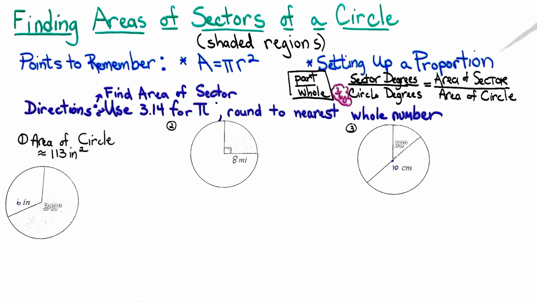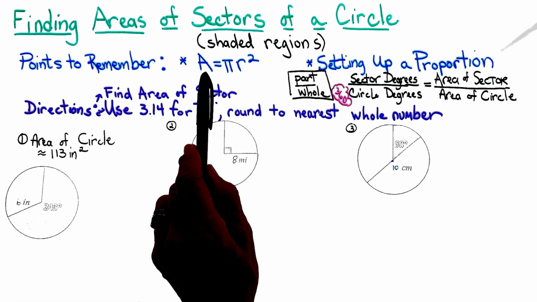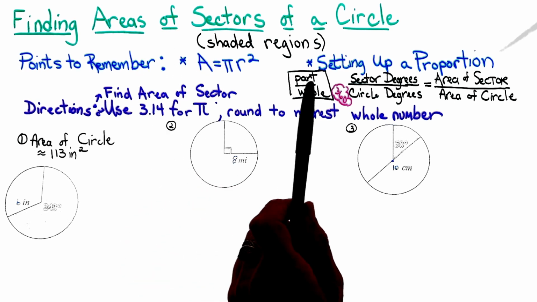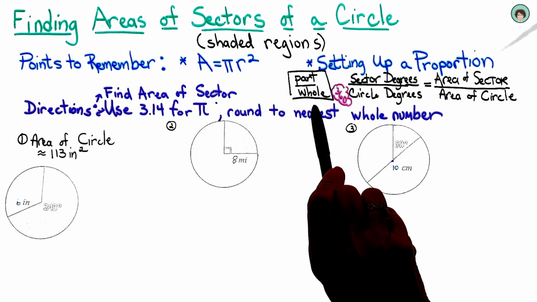So there are points to remember that we must apply. We are going to be using the area formula to find the area of the circle or the sector. Also, we're going to be using our skill of setting up a proportion where we will have part over whole.